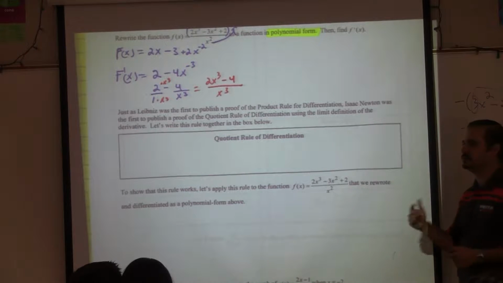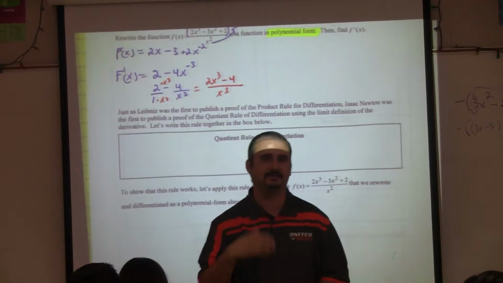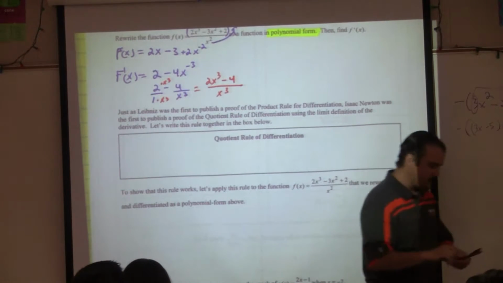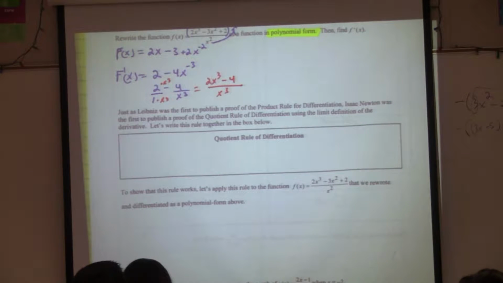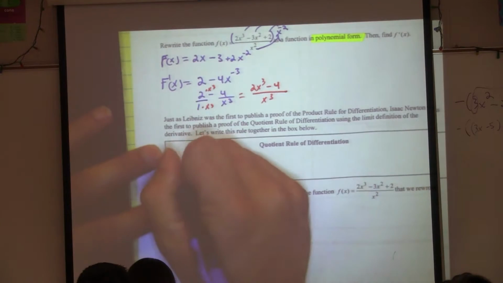Okay, so again, this is a rule that we use when we want the derivative of a quotient. The derivative of something divided by something else. Cool? Alright, so I'm going to write the rule first, and then I'm going to write a different version of it to help us remember it, okay? Ready? So, the rule is like this.